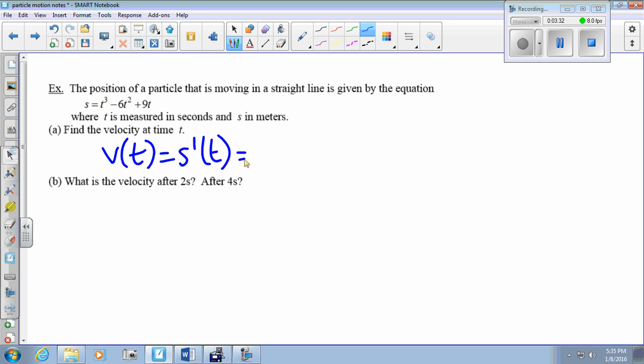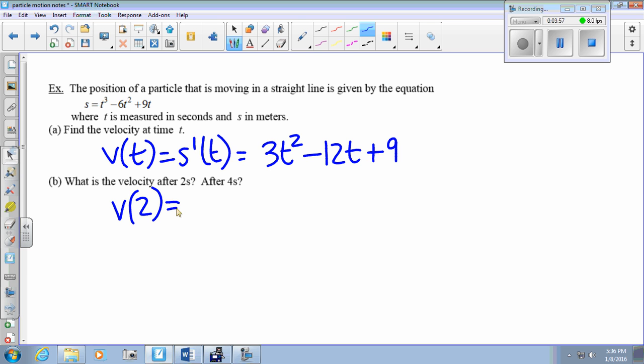So the derivative of t cubed is 3t squared. The derivative of negative 6t squared would be minus 12t. And the derivative of 9t would just be a 9. So that's our velocity at time t. That's the formula. Okay, so now what is the velocity after 2 seconds and the velocity after 4 seconds?